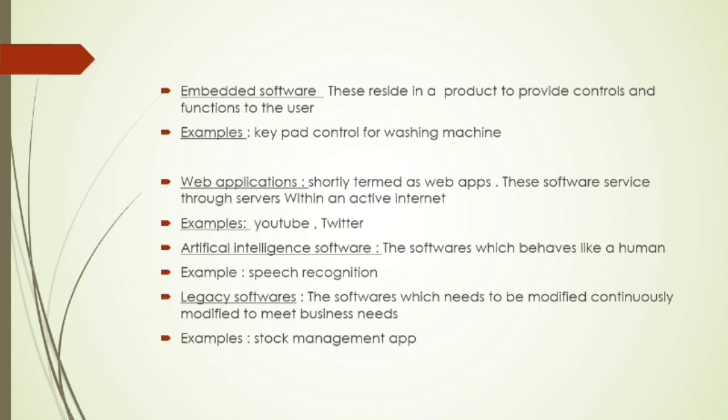And embedded software. Embedded software resides in a product to provide some control and features of that product. Like a washing machine keypad, there will be many features available according to the user.